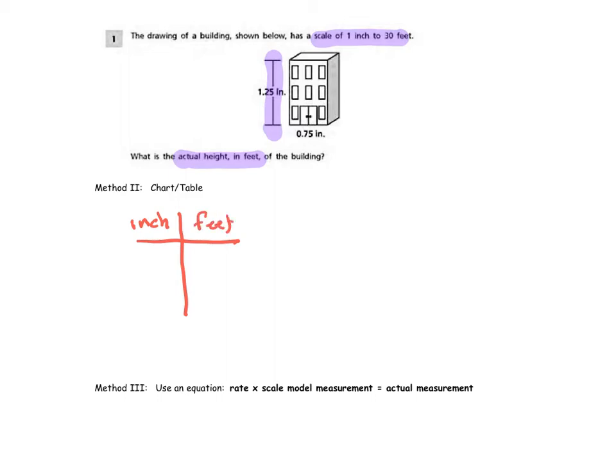And she puts the scale measurements in this chart. She then converts the scale measurements to a unit rate, and she does that by taking the actual measurements over the scale measurements. And what she gets is a unit rate.